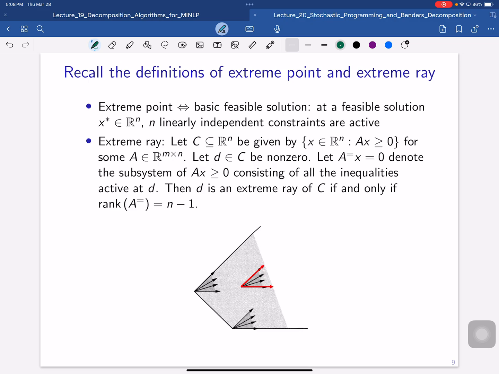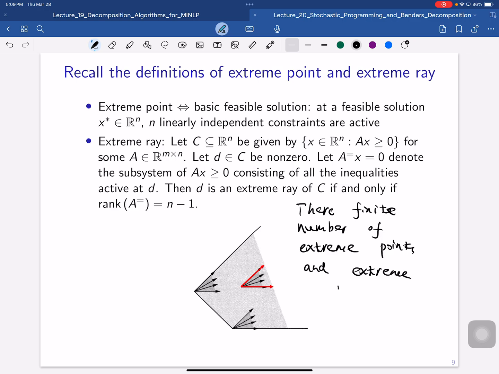And from the definitions of extreme points and extreme rays, we can at least have the following conclusion, which is there are a finite number of extreme points and extreme rays, right?